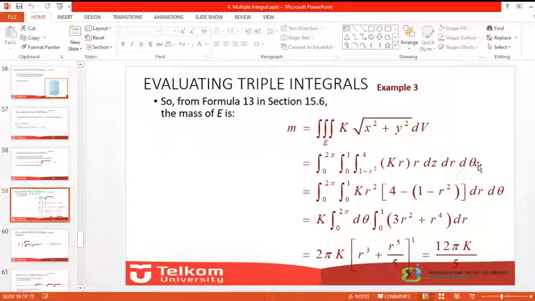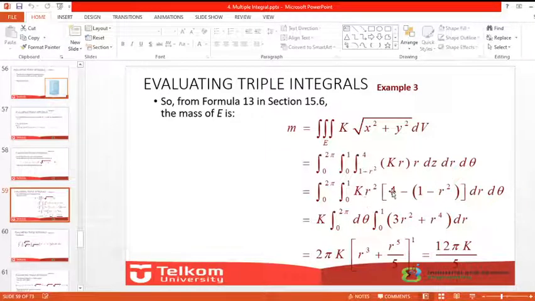Next, since this is the integral with respect to z, we get r square times z, with z from 1 minus r square until 4. So just input here r square times 4 minus 1 minus r square.